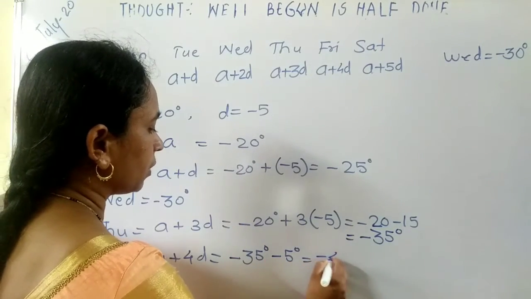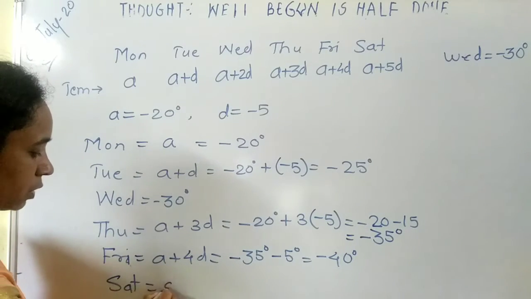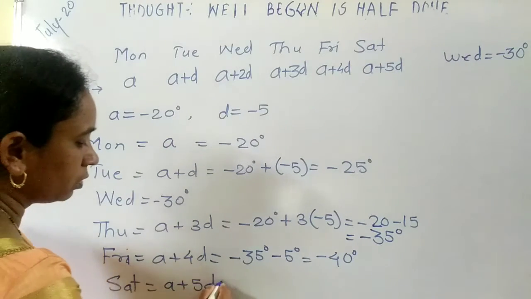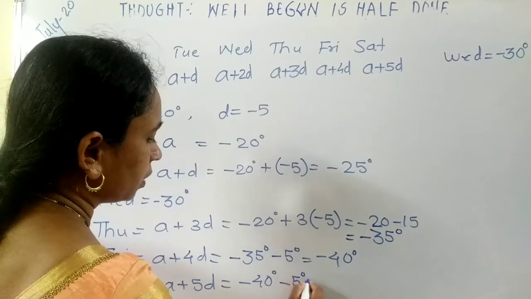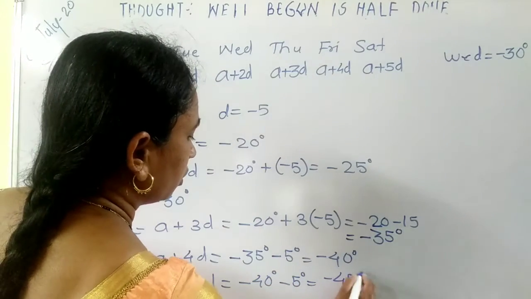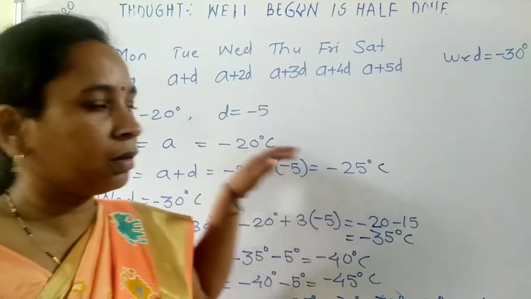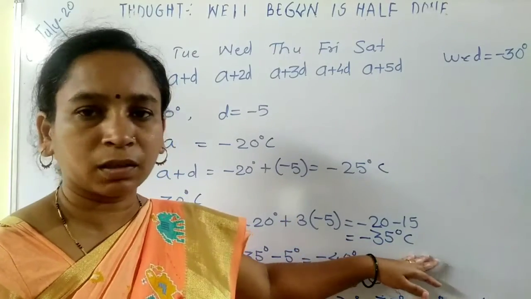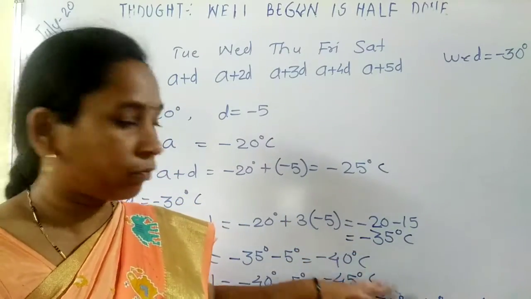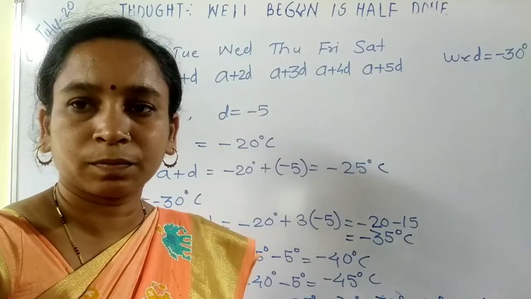So I'll get the answer minus 40 degree. And Saturday is A plus 5D, which is minus 40 degree minus 5 degree. That means minus 45 degree. So therefore the given temperatures are minus 20 degree Celsius, minus 25 degree Celsius, minus 30, minus 35 degree Celsius, minus 40 degree Celsius and minus 45 degree Celsius.